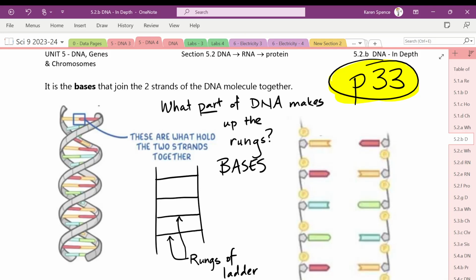And while we're here, if you can remember, tell your partner how many bases there are and what they are called.